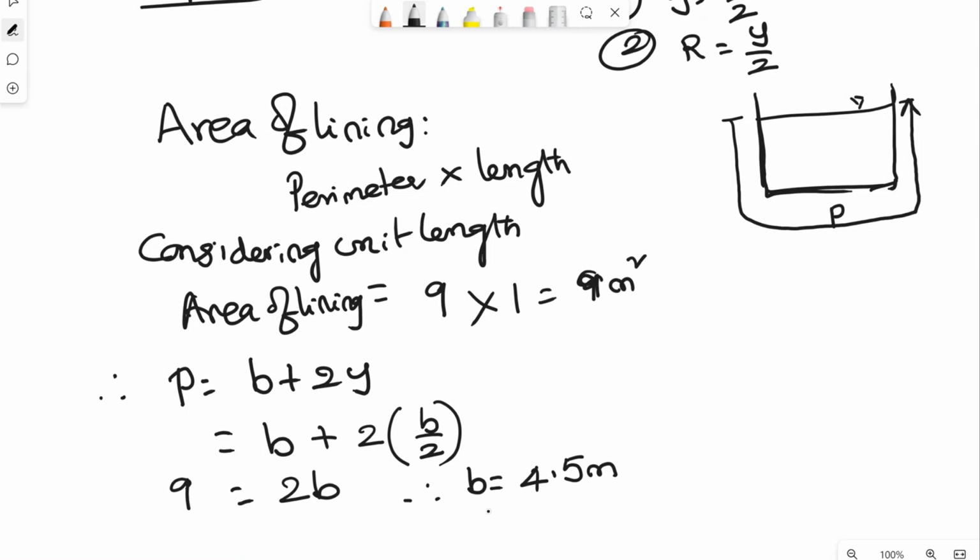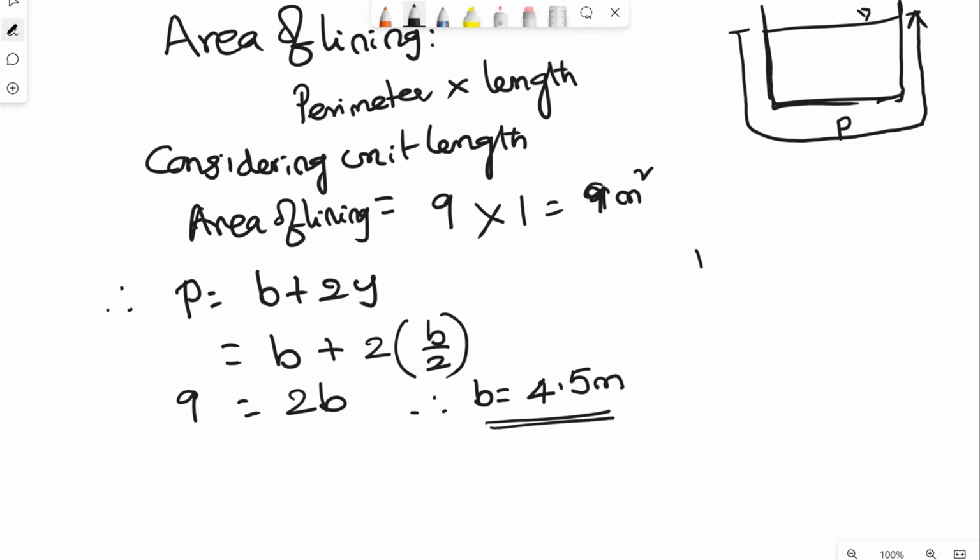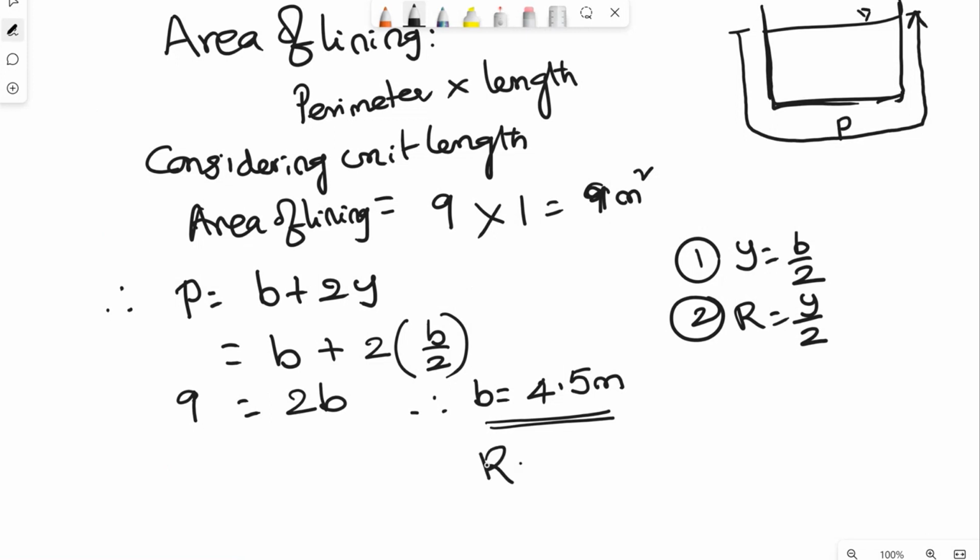Then if b is equal to 4.5, one condition is y is equal to b by 2, and the second condition is R is equal to y by 2. When b is equal to 4.5, y is equal to b by 2, which is 4.5 by 2, so it will be 2.25 meters.